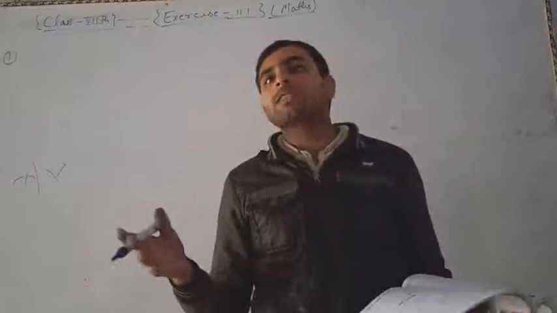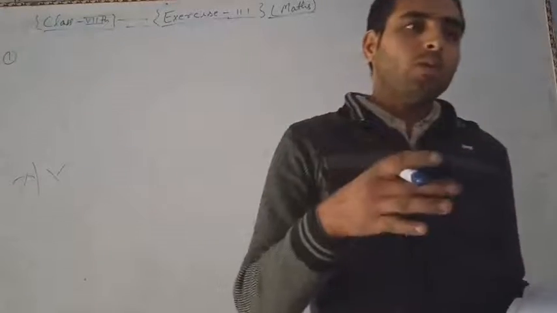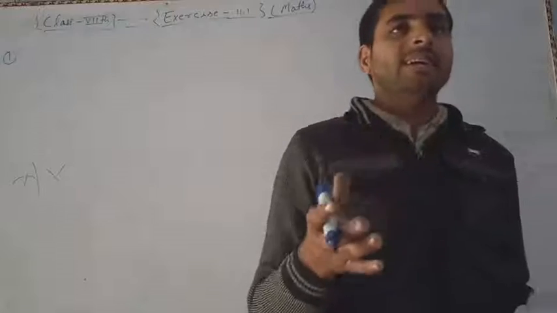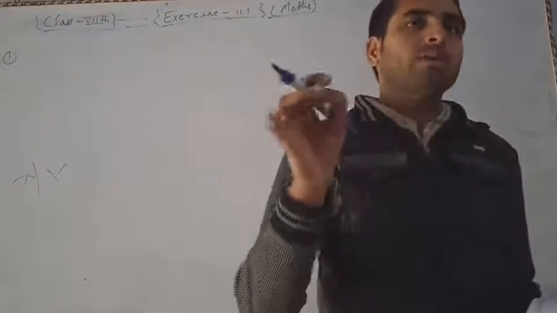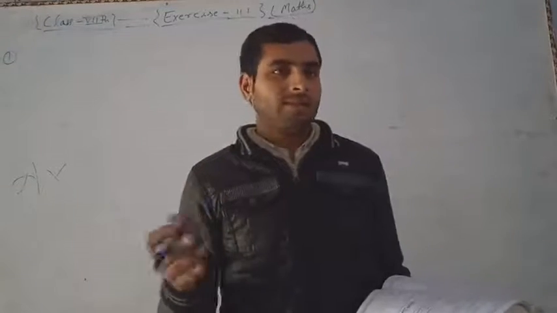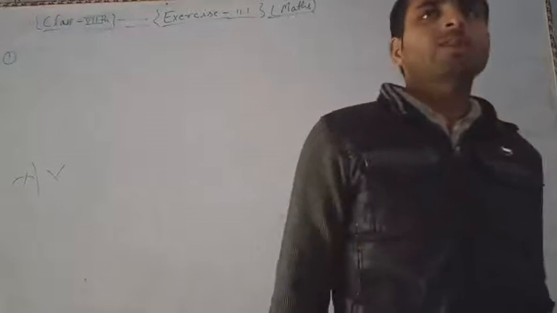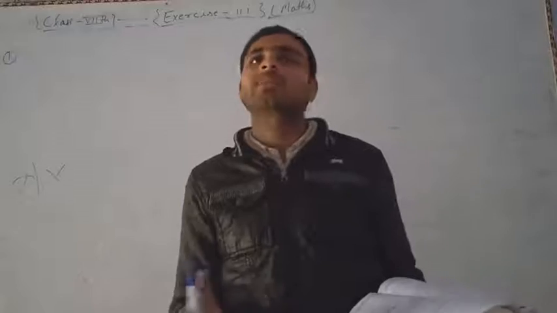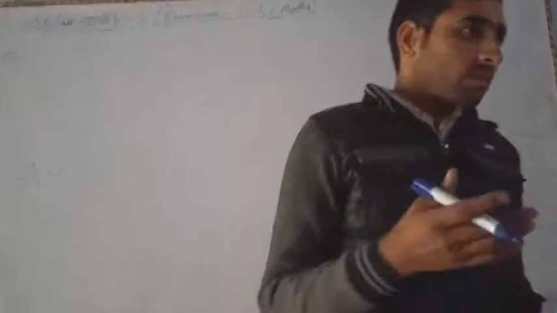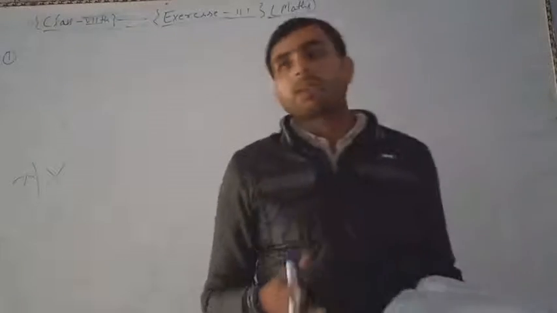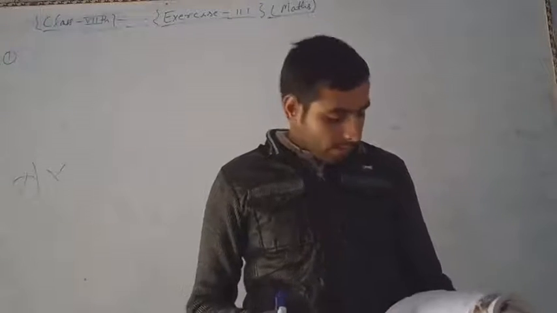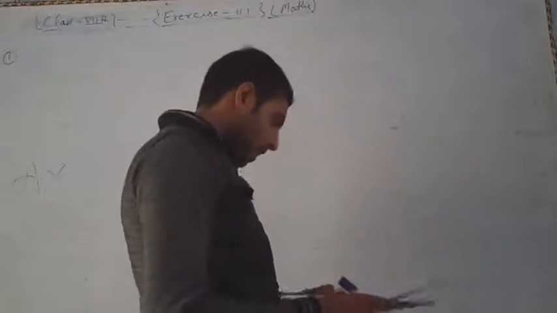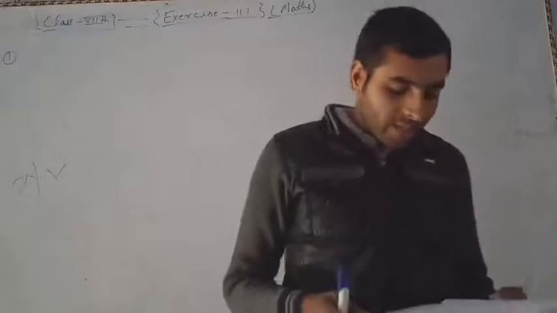Such a triangle in which one angle is greater than 90 degrees and the other two remaining angles are less than 90 degrees. This type of triangle is known as an obtuse angle triangle.